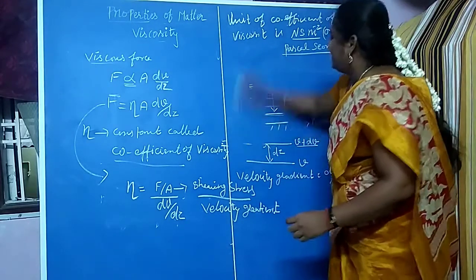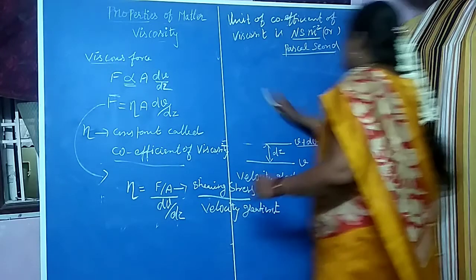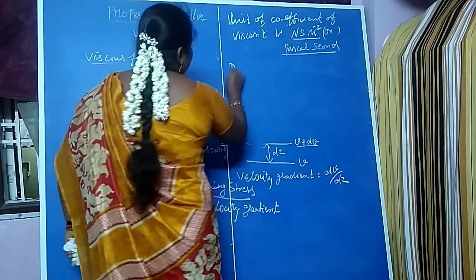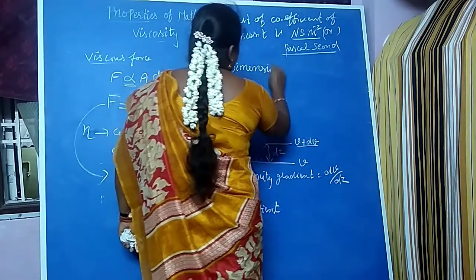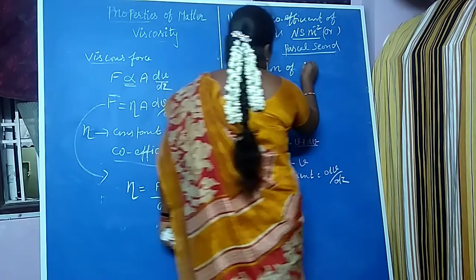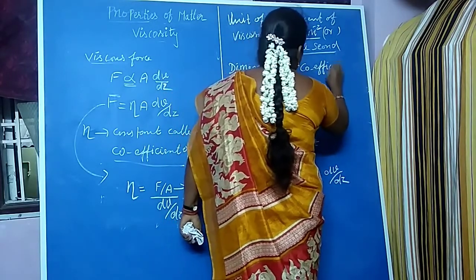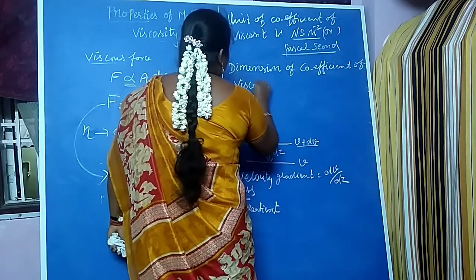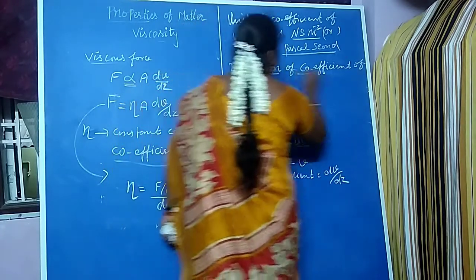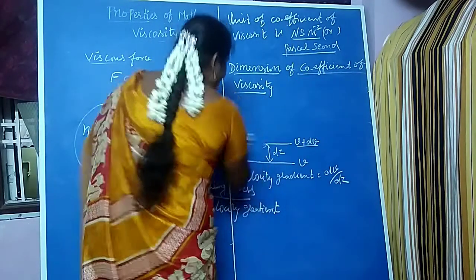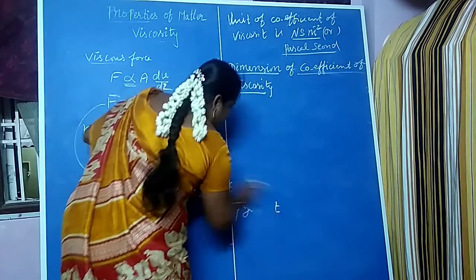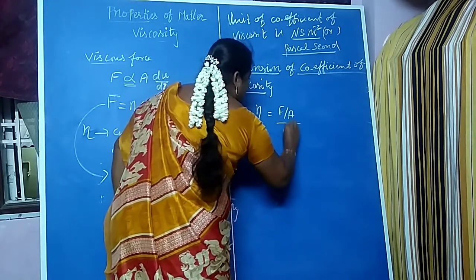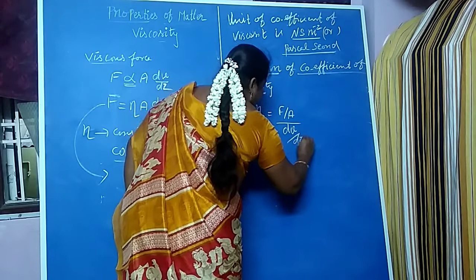Next we are going to see the dimension of viscosity. The coefficient of viscosity eta equals force by area, whole divided by the velocity gradient dv by dz.